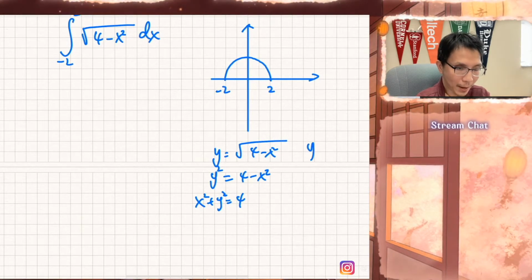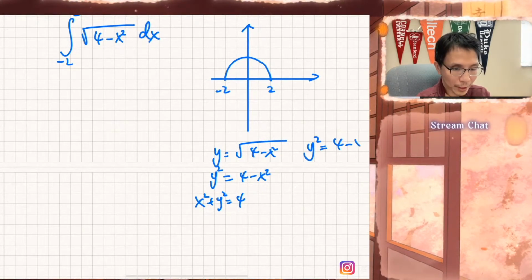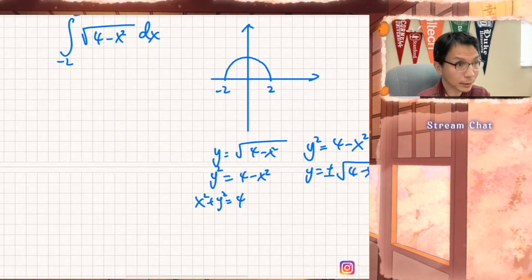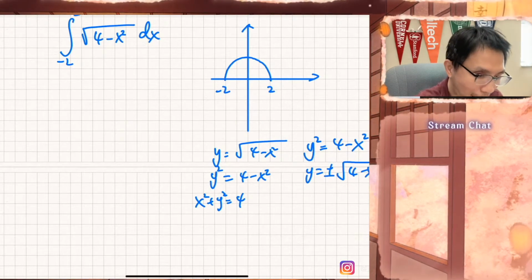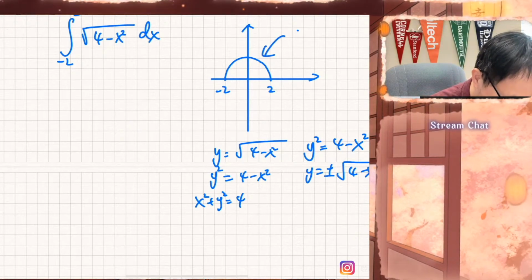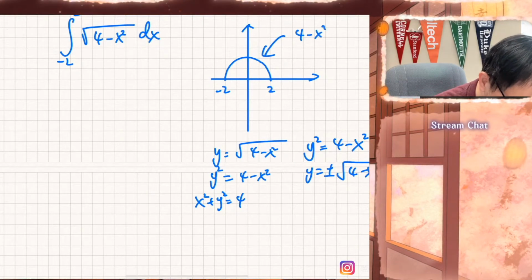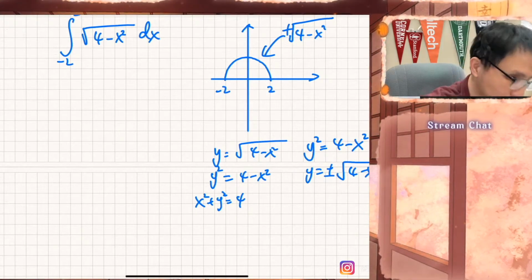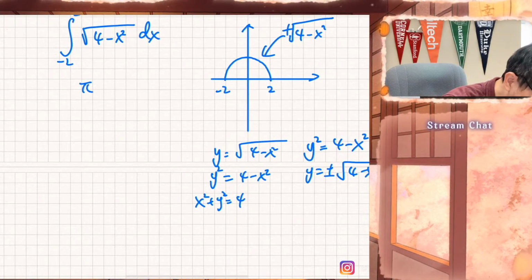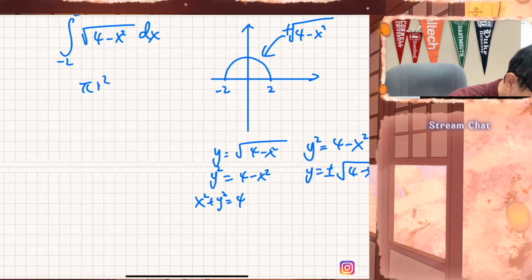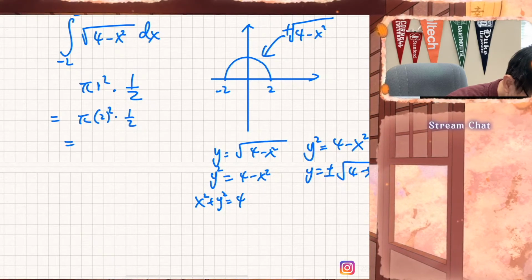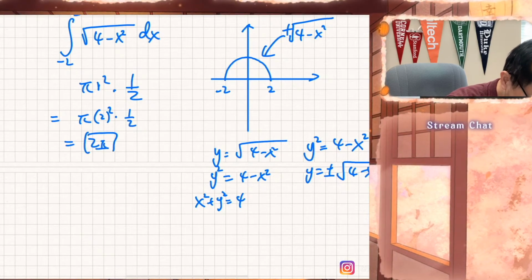But if I solve back, y equals plus or minus the square root of 4 minus x squared. So this part is the positive, and the bottom part is the negative. Therefore, it's just pi r squared times 1/2 because it's a semicircle. So it'll be pi times 2 squared times 1/2. That's equal to 2 pi. So this is 2 pi.